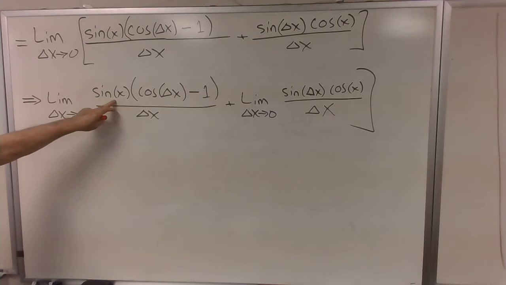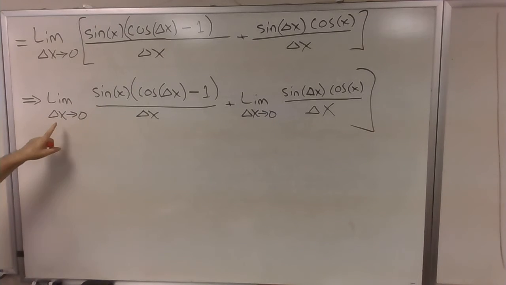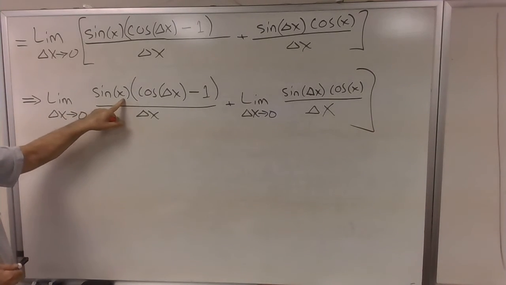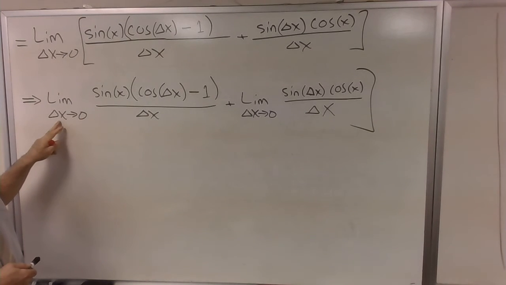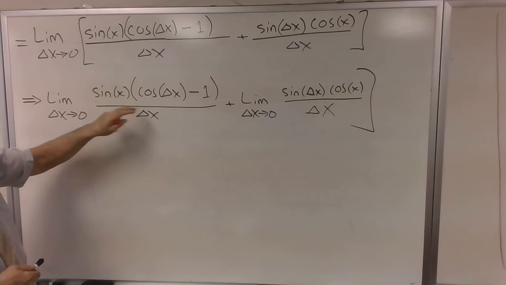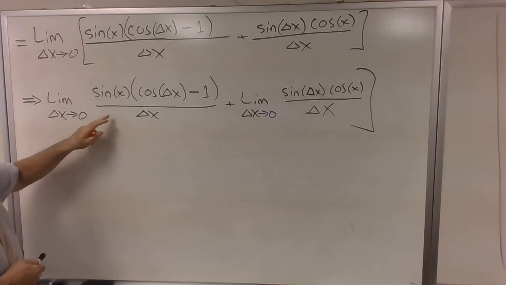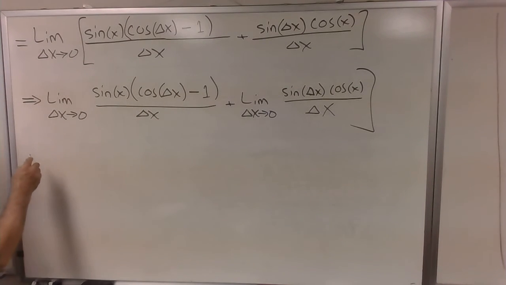I'm going to factor out sine of x here. And with respect to delta x, sine of x is a constant. So with respect to delta x, I have a constant times this other junk. I can bring the constant out front.